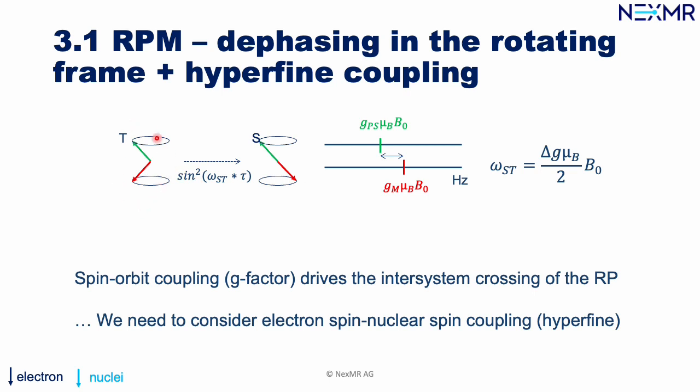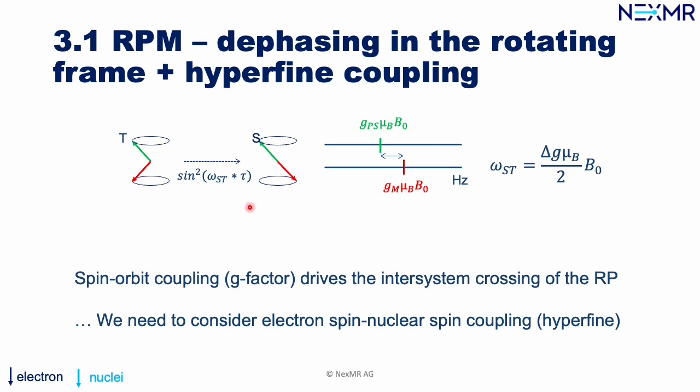So what happens when we look at the rotating frame? We have initially a triplet state, and then these electrons start to precess in the magnetic field, and we will have a dephasing with time, because they don't have the same frequency. After a while, we will have, for instance, a singlet state, because the dephasing reached the moment when we have a singlet state.